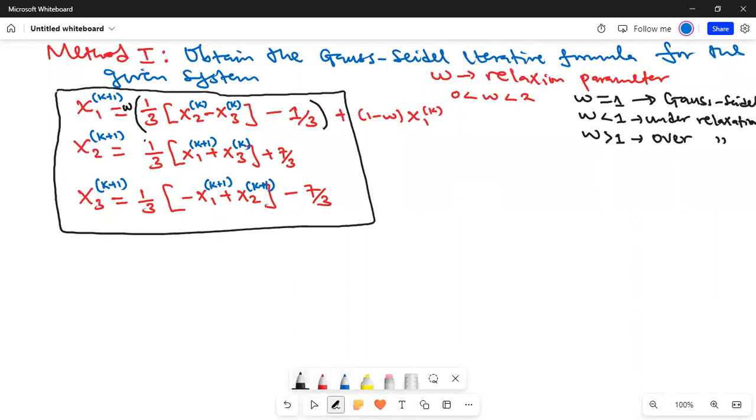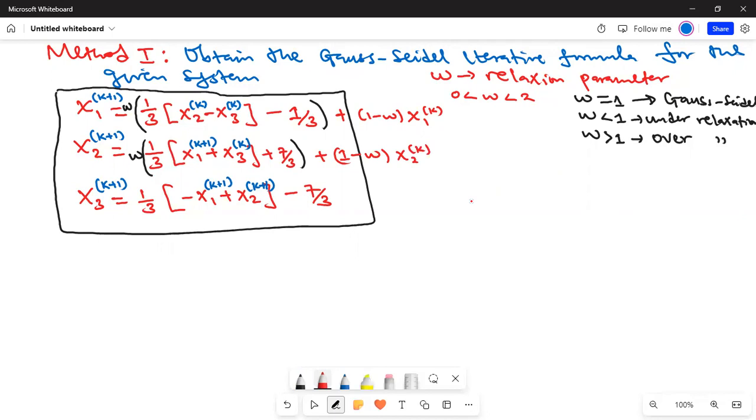So the same to equation 2, all of this on the right hand side you multiply by omega, then you add again 1 minus omega times x2 at level k.